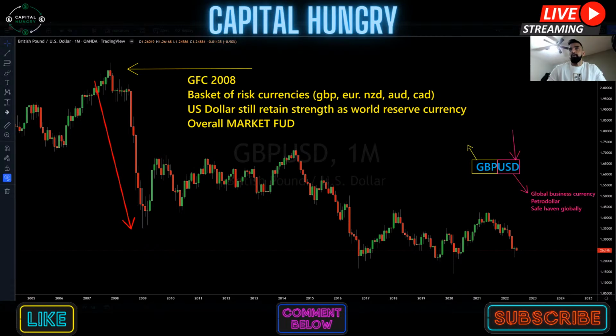Where for GBP, it's a part of your basket of risk currencies, just primarily linked to UK economy. No global business is denominated in British pounds, and more just linked to UK economy, politics, central banking, and so forth.